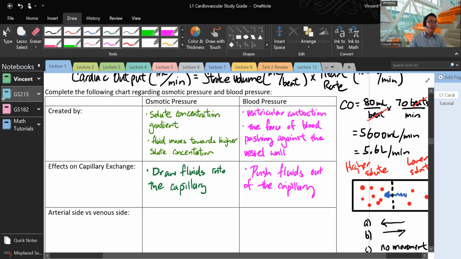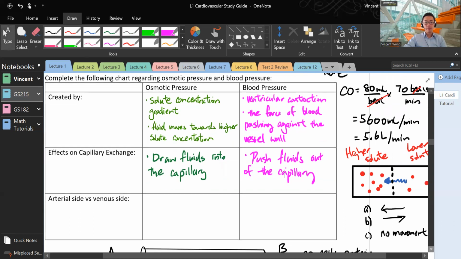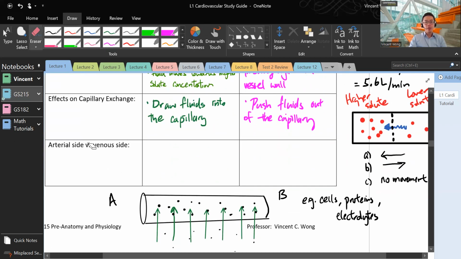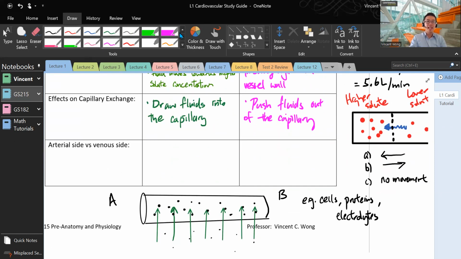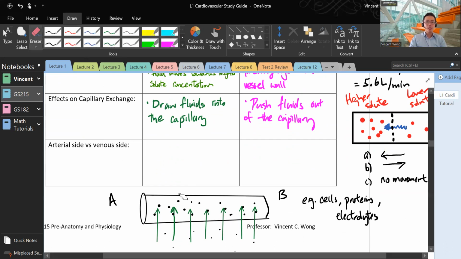They work against each other. On the arterial side and the venous side, the osmotic pressure is pretty much the same because the solute concentration does not change substantially from one side to another. So it will be the same OP on both sides.